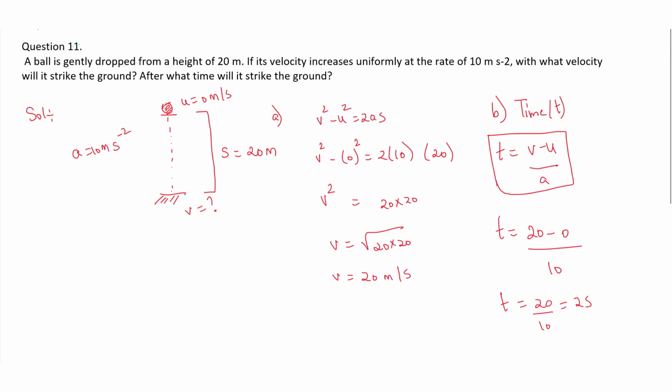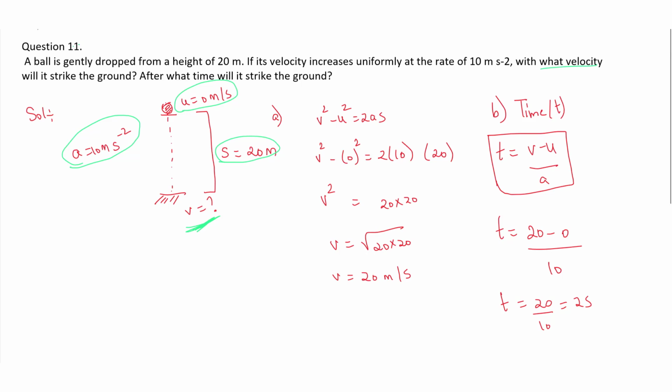Considering the ball to be gently dropped from rest, I say u is equal to 0 meters per second. Because it is increasing its velocity uniformly, I say acceleration is given as 10 meters per second square. At a distance or height or displacement s equal to 20 meters, how much will be my final velocity? That is what they asked.